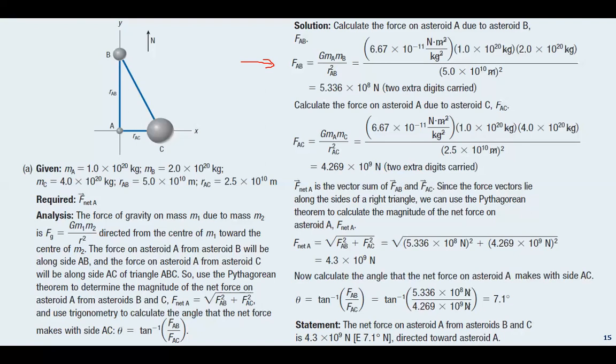So we can make this final statement: the force on asteroid B due to asteroid C is 1.7 times 10 raised to the power of 9 newtons with direction 27 degrees east of south, directed towards asteroid B. Okay, any questions?